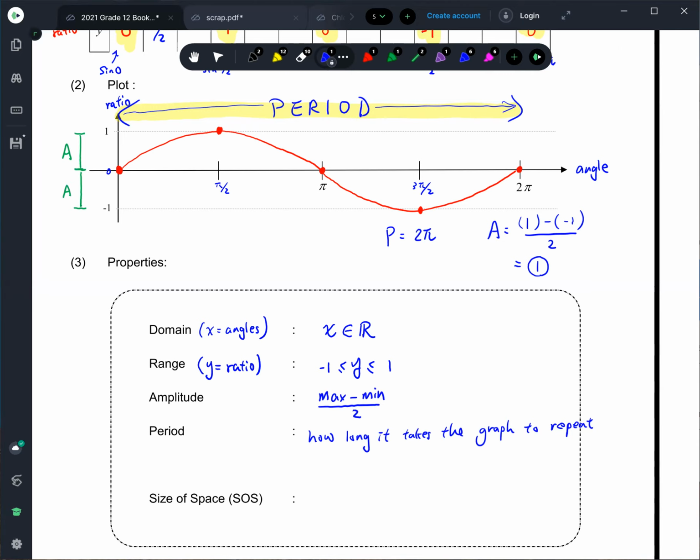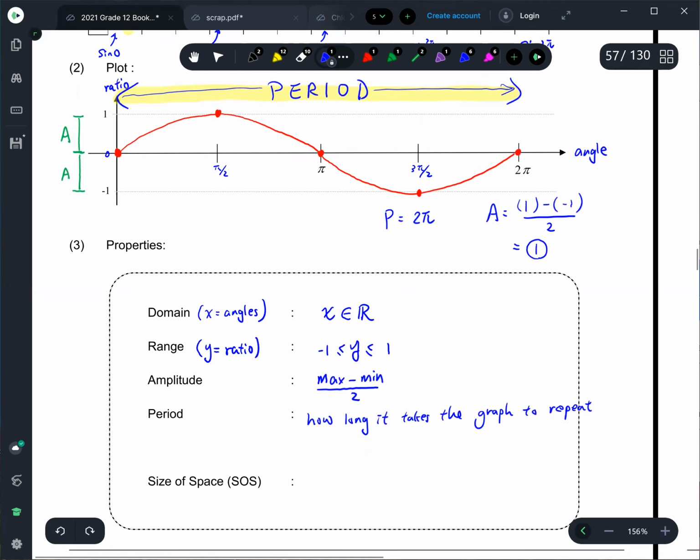All right, and then we have the size of space. Okay, the size of space is the space between the five x values.